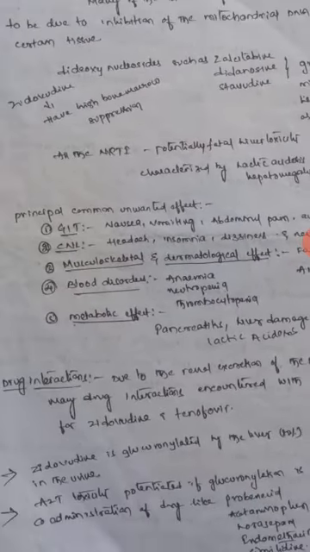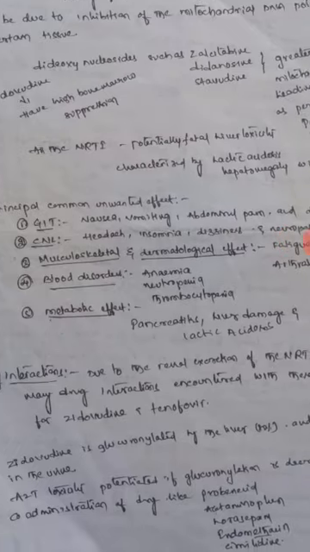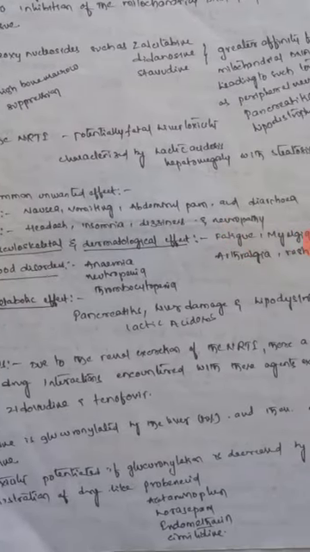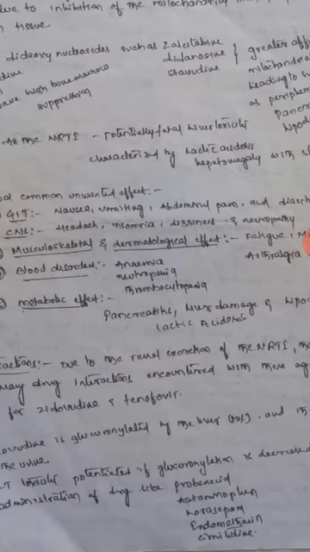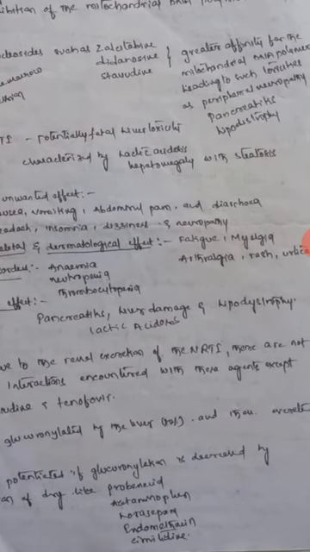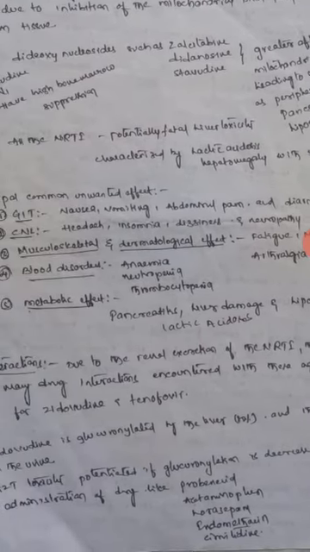Now the principal common unwanted side effects. These are not particular to one or two drugs; they are common for nucleosides. GI related problems, CNS, and neuropathy, which we already discussed. Dermatological means simply rashes and urticaria. Musculoskeletal means myalgia and arthralgia, that is, muscle pain and joint pain.